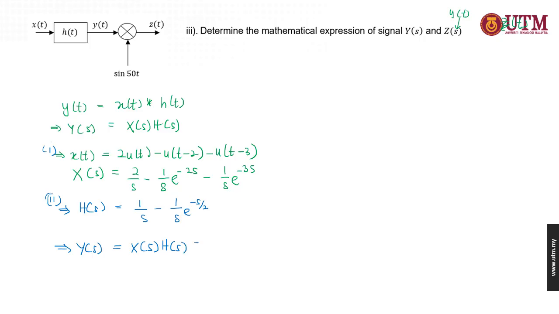You need to multiply both signals in the s domain, so it equals 2 over s minus 1 over s e to the minus 2s minus 1 over s e to the minus 3s, multiplied with 1 over s minus 1 over s e to the minus s over 2. Please expand the equation and solve for Y(s).